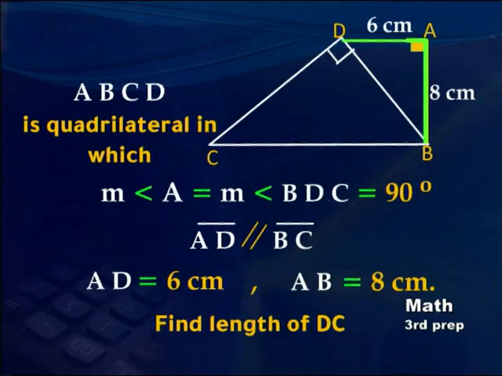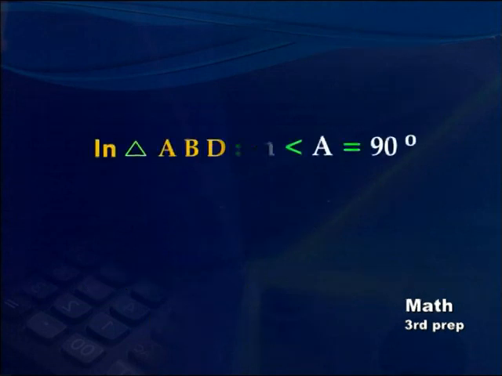First of all, when you look at such a problem, you are going to notice that the triangle ABD is a right angle triangle at A. So we can say that in triangle ABD, measure angle A equals 90 degrees. So we can use Pythagoras theorem to find the length of BD.